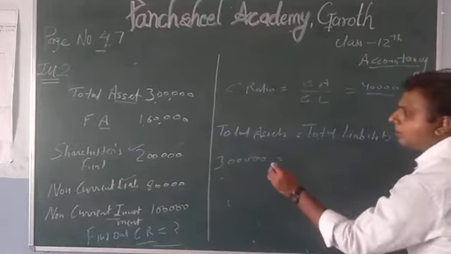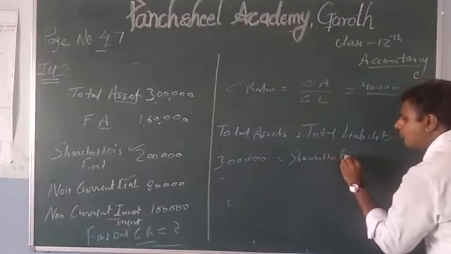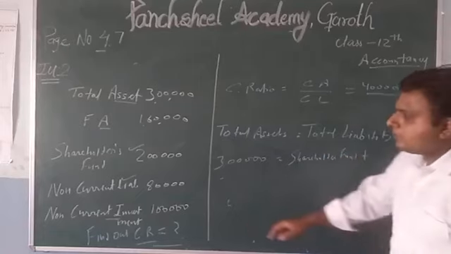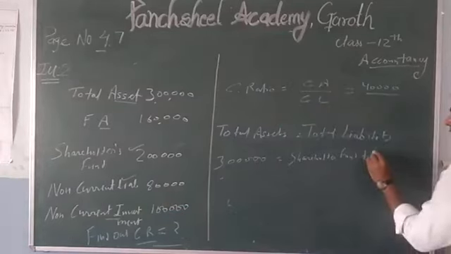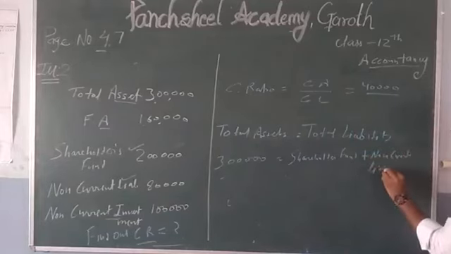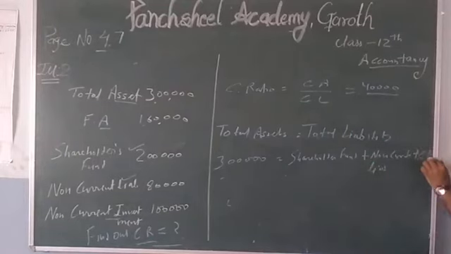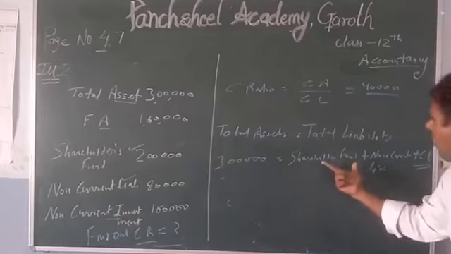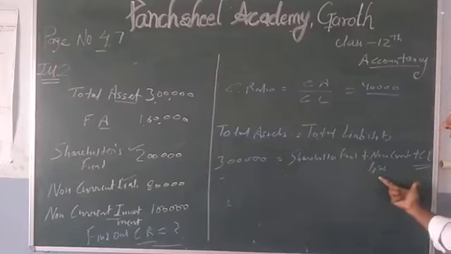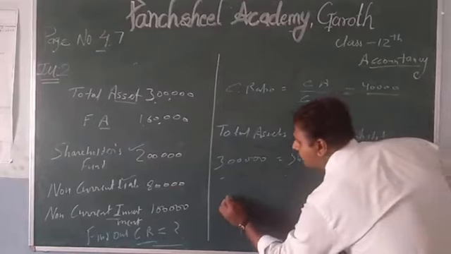Let me write shareholder fund plus non-current liability and at last current liability, that is missing. All these three things, the total liabilities, are equal to the total asset, 3 lakh.